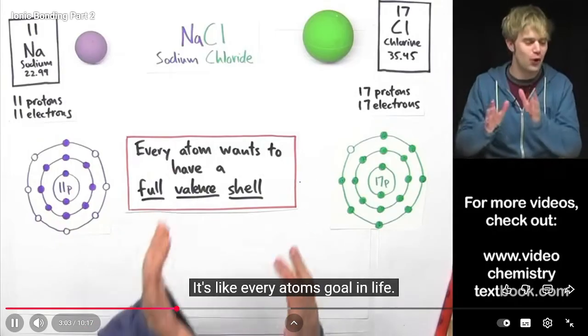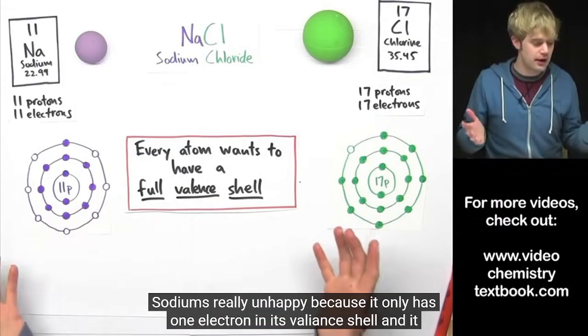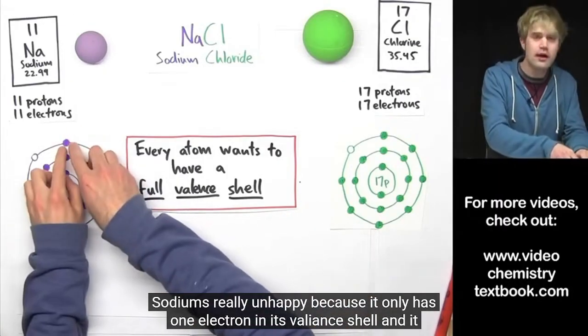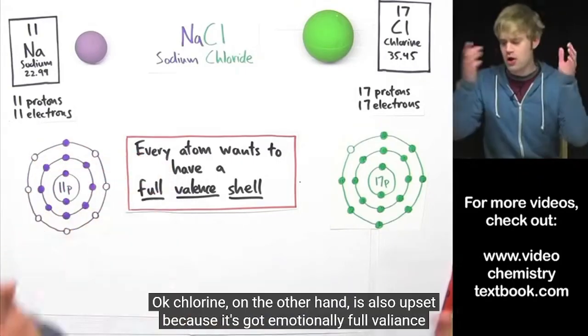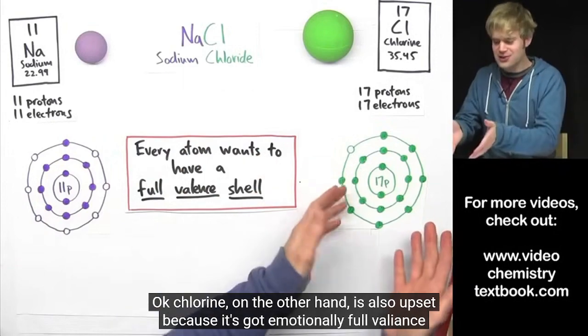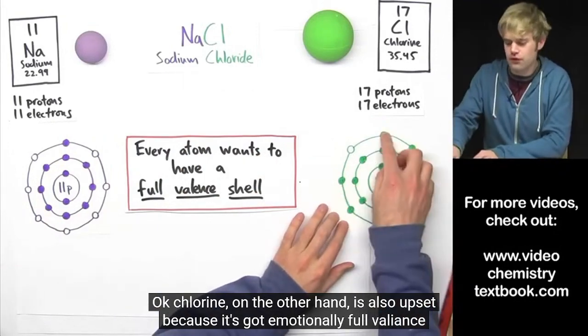That's every atom's goal in life. Sodium is really unhappy because it only has one electron in its valence shell, and it has these 7 empty spots.